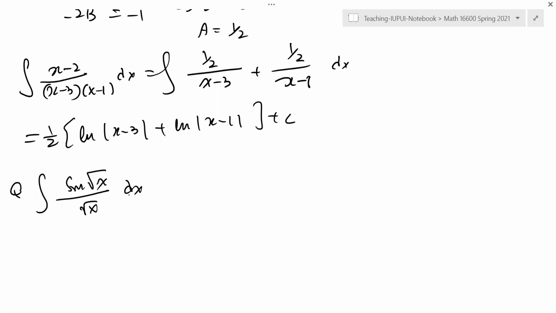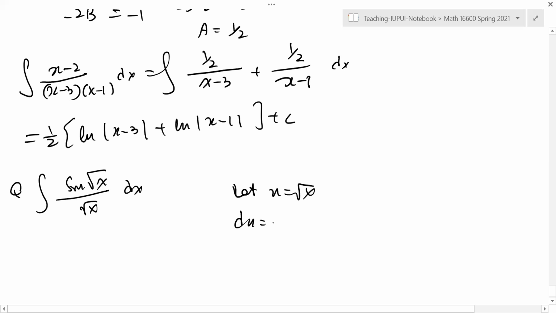All right, so when you look at this problem, you don't like the square root of x, right? So it's a natural idea to use a substitution to get rid of the square root of x. Right, so you can do this, right? So you let u be square root of x and du equals this. All right, so now you get sine u, and there should be no radical, no denominator, right?